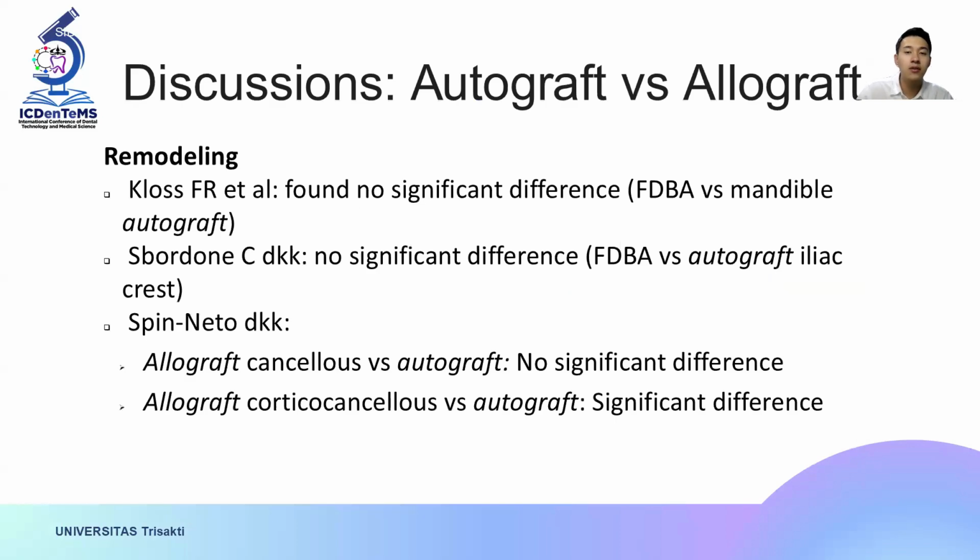And then for the criteria measurement of remodeling, 3 of the articles evaluated the remodeling, so they found no significant difference in 2 articles, but in 1 article they found that corticocancellous allograft showed a significant difference when compared to autograft.